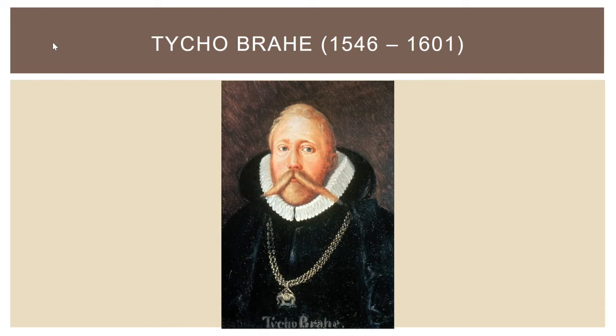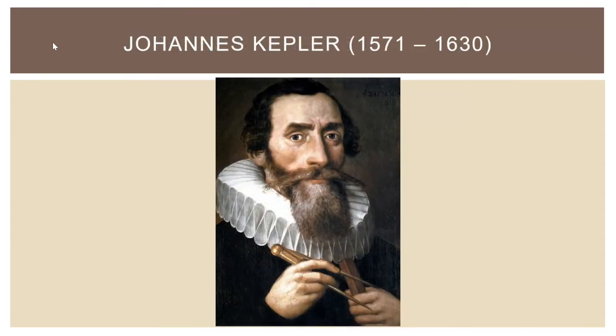And because all of these people worked for the kings and queens in their countries, I believe these guys were Dutch, the king and queen of the day and the people who worked under them promoted Johannes Kepler to be the person who took over Brahe's work. And so Kepler now had access to all of this data that he wanted to use to confirm his ideas, later coming to be known as Kepler's laws of planetary motion, and ultimately, as we now know, was correct in a lot of ways.